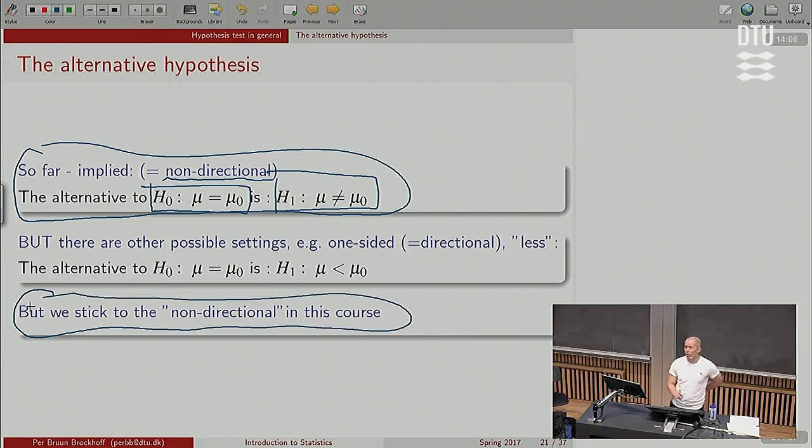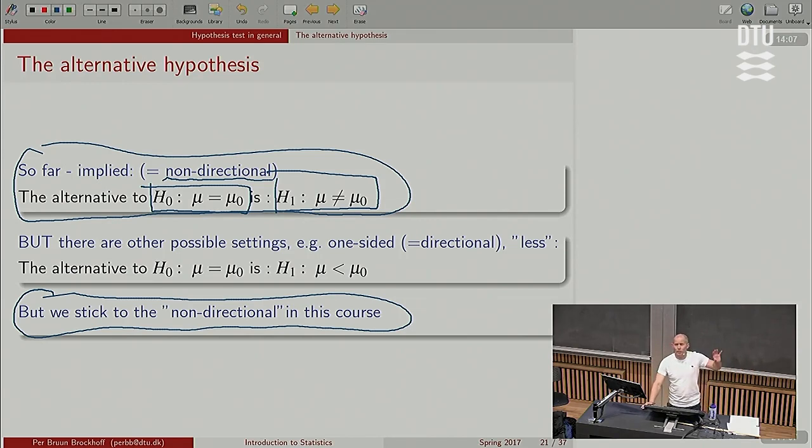It is also by far the most commonly encountered type of alternative hypothesis in science and business and society. However, it is not the only possible type of alternative hypothesis. If you look at old material, we made a little change of direction here in our course over time.